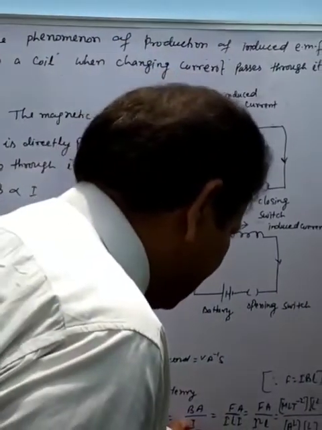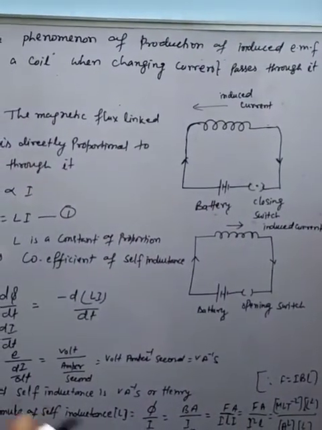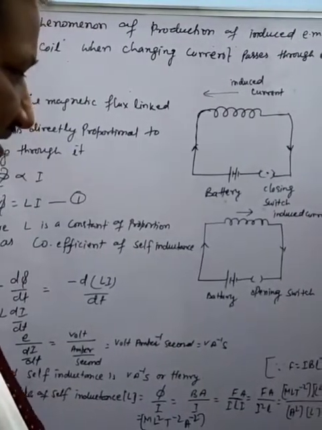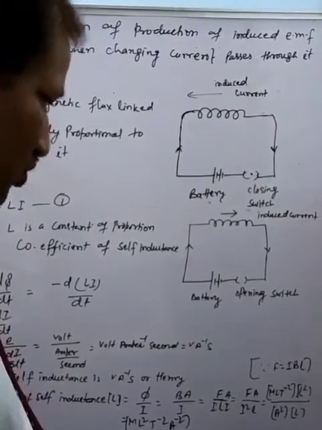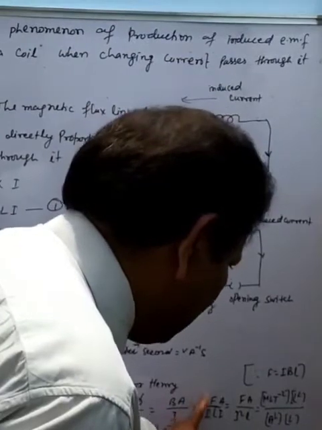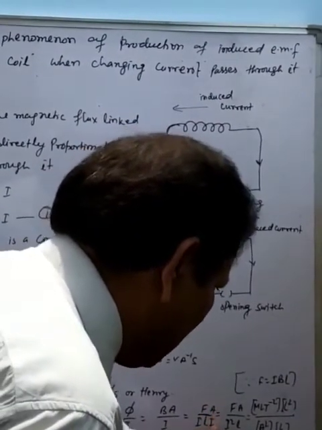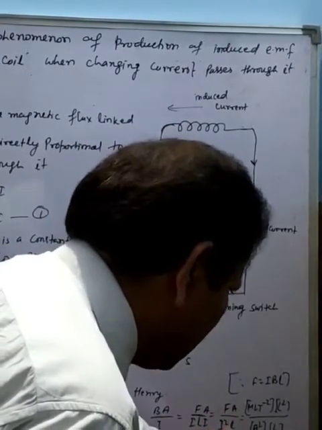We know F is equal to IBL, which implies B is F upon I into L. That's why we replace B by F upon IL, so L is equal to FA upon I square into L.